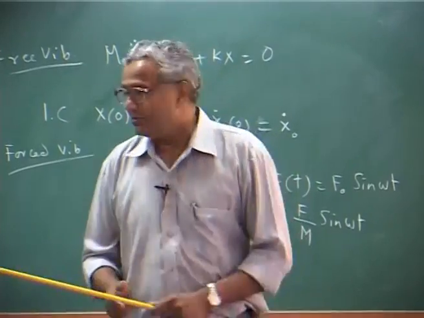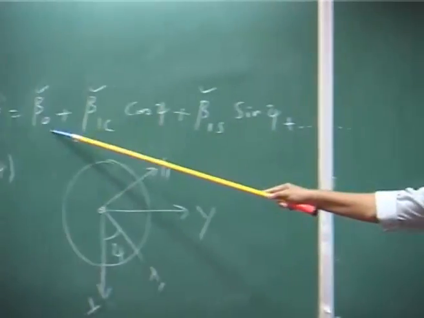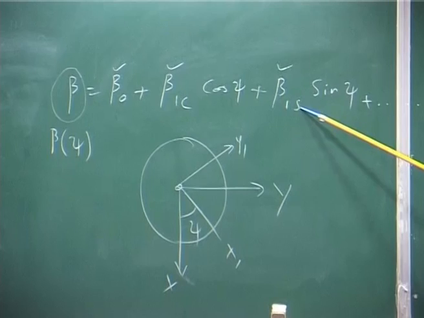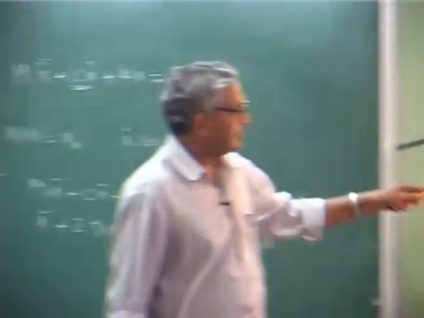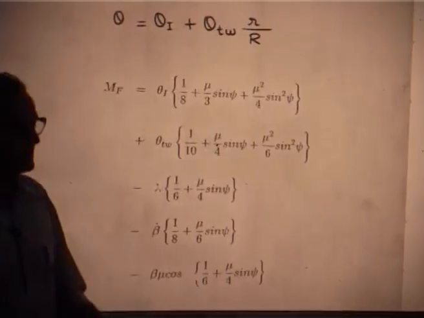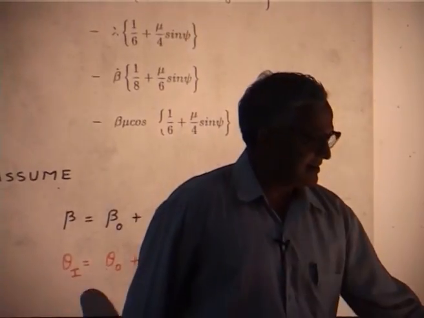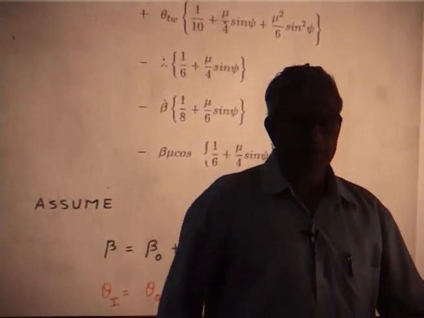Now, if I say I want to get these coefficients, see, this is like a solution of the problem. How do you solve a differential equation with this as the right side and theta I as the input? How will you get the beta?